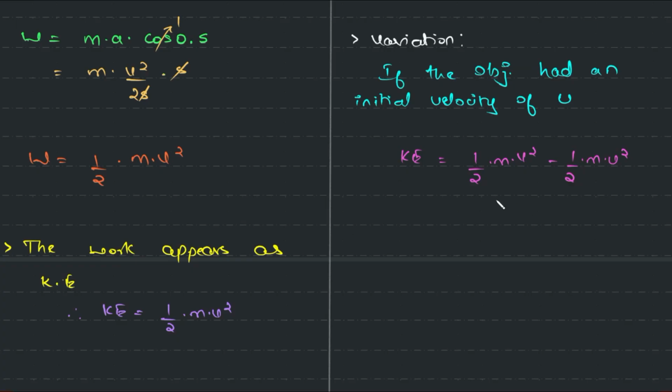Because this is the work done, this is the contribution. If the initial velocity was 0, but if it already has some initial velocity, then the new velocity is a combination of what it already had, minus, we need to extract that off. This is the exact amount of work done.